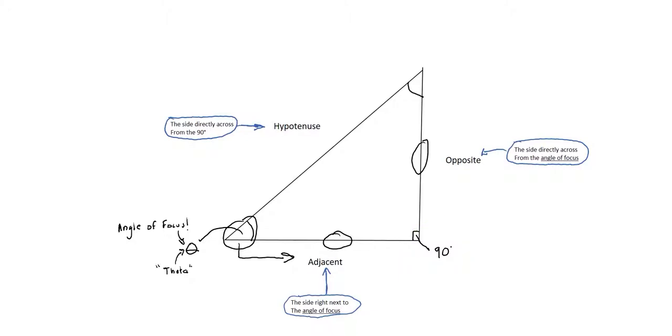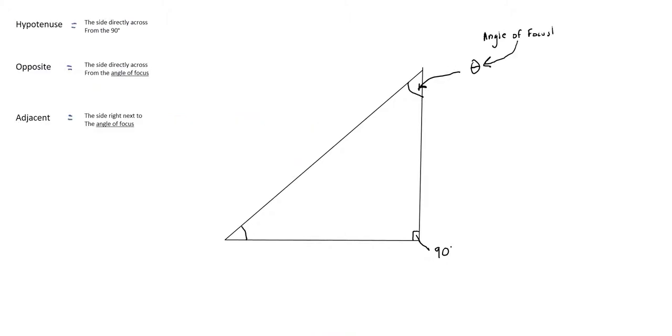But let's say that we chose to switch our angle of focus to this one. That's going to switch up some of the names of our sides. But I always start by identifying the hypotenuse, and the hypotenuse is always going to be this one, the one that is directly across from the 90-degree angle here.